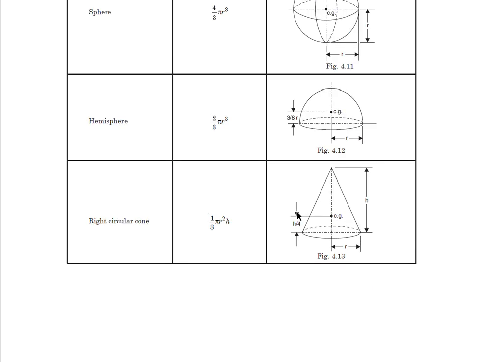And for a right circular cone, the volume is 1 by 3 pi r square into h, and the location is h by 4 from the base of the cone.